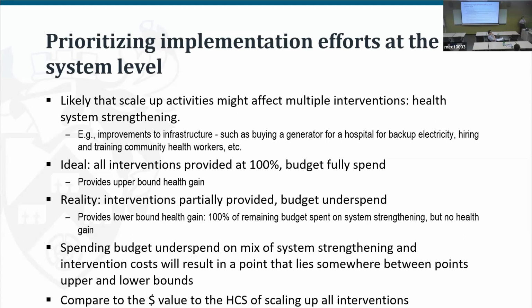So our absolute worst case scenario would be if we spent all of our remaining budget on system strengthening activities and they had no effect whatsoever. That's sort of as bad as it can get. If we spend that difference, that budget underspend, on some mix of healthcare system strengthening activities and interventions, then the costs from that will result in a point health benefits that lie somewhere between our upper and lower bounds. And we can then compare that to the dollar value to the healthcare system of scaling up all interventions.